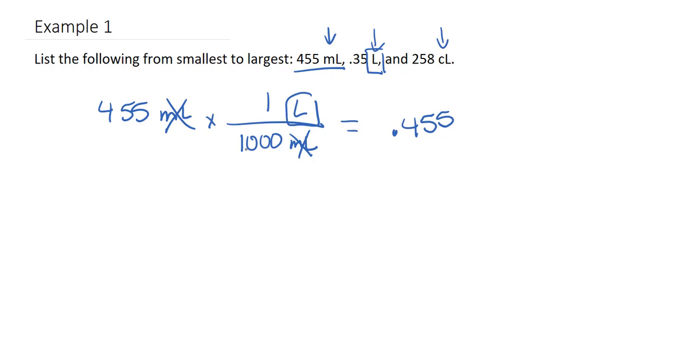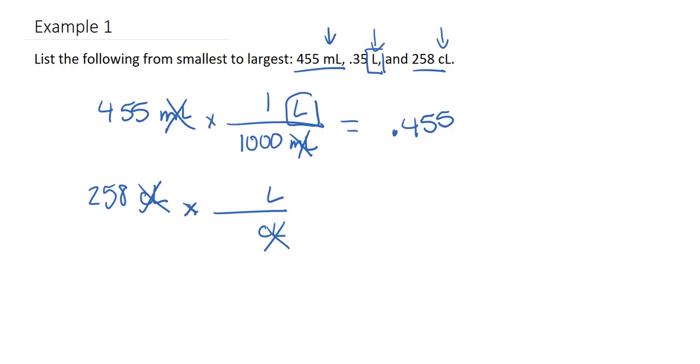Now let's convert 258 centiliters. Centiliters sounds kind of weird, but we usually see centi in terms of meters, like centimeters. So just because it's liters, it's not something we haven't seen before, it's just a different base unit. We need to get rid of the centiliters and convert into liters, so we cross out our centiliters.